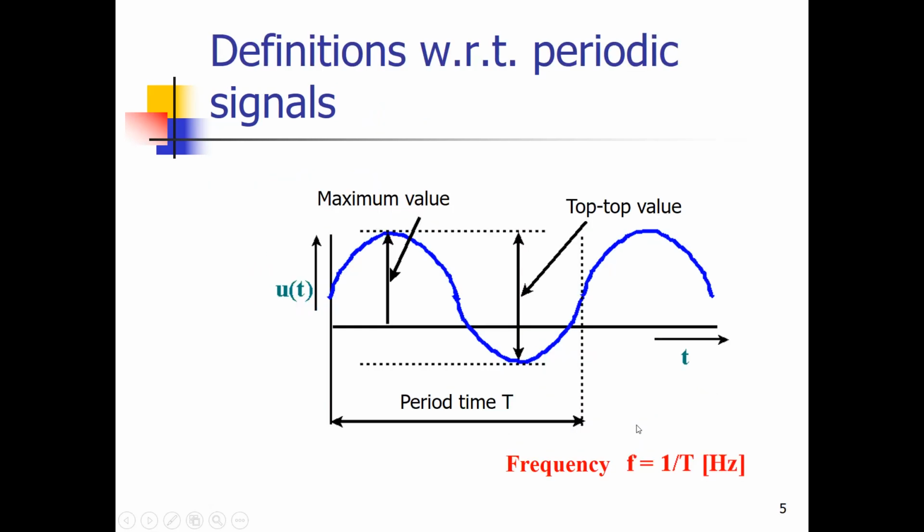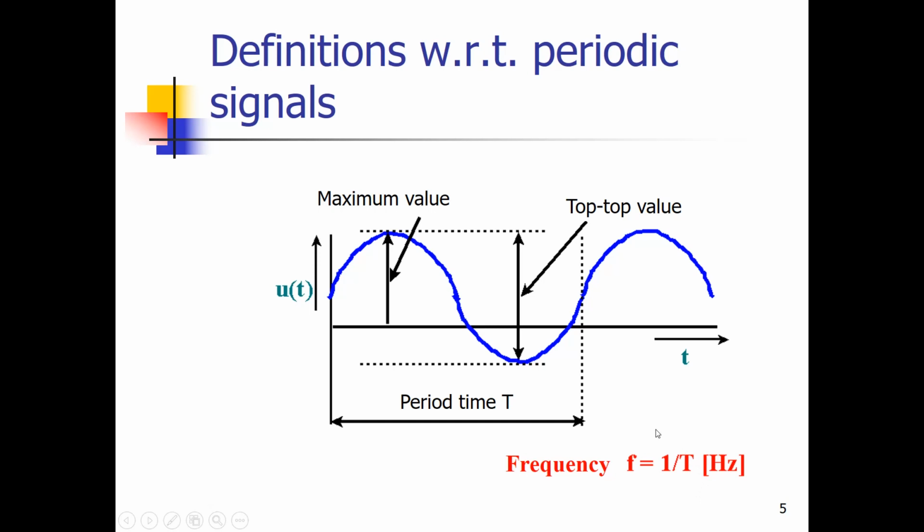There are a couple of aspects which are important with respect to periodic signals. As I discussed, the period time over here is the time after which the signal repeats itself again. Based on that period time, we can define the frequency, which is f, and f can be defined as 1 over the period time.